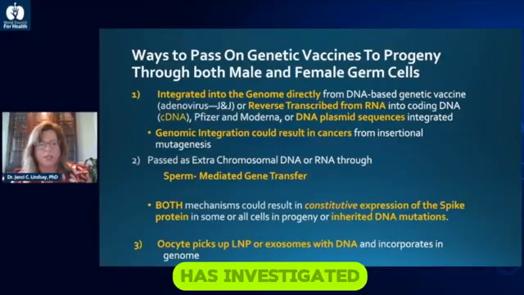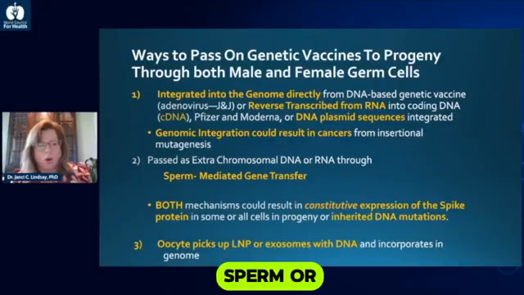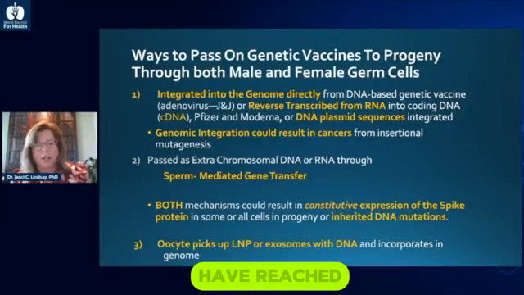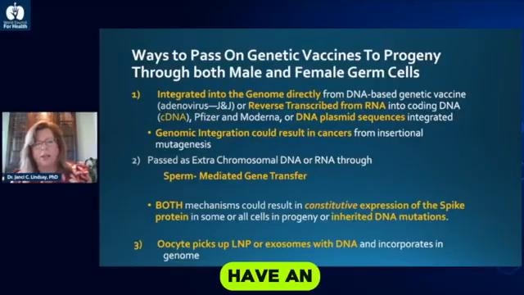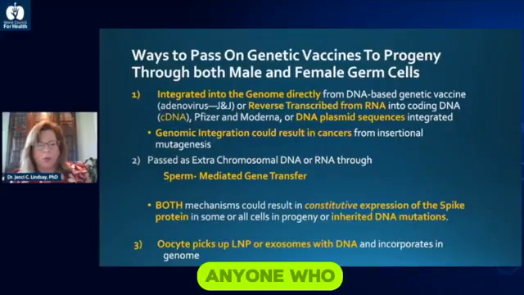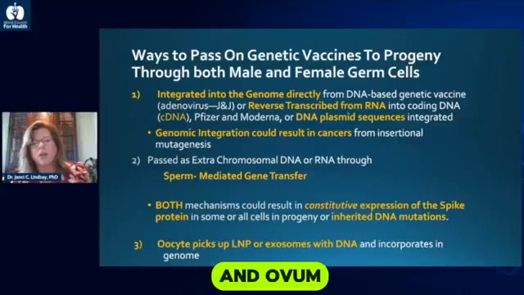Not a single person has investigated sperm or ova to see if these are being genetically integrated. And I have reached out to multiple labs asking them if they would investigate this. We have an in vitro lab that is willing to work with anyone who is willing to test both sperm and ova for integration.